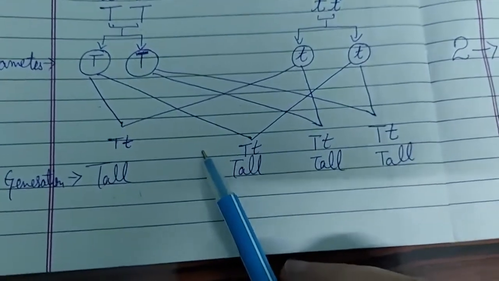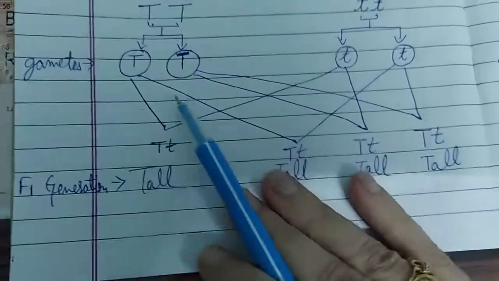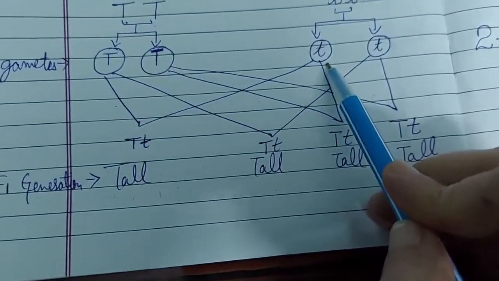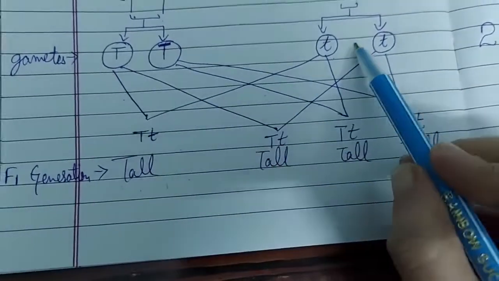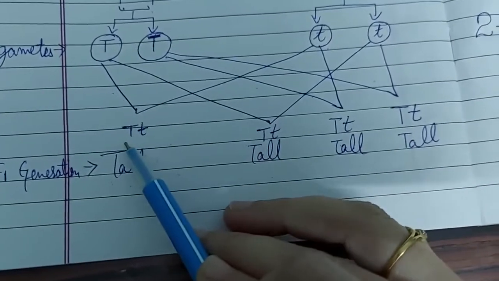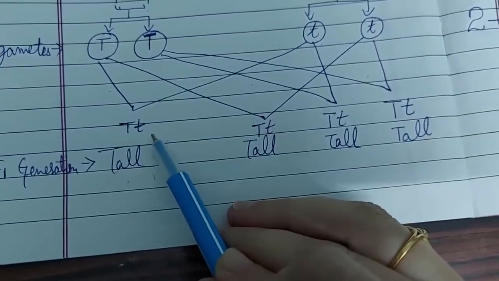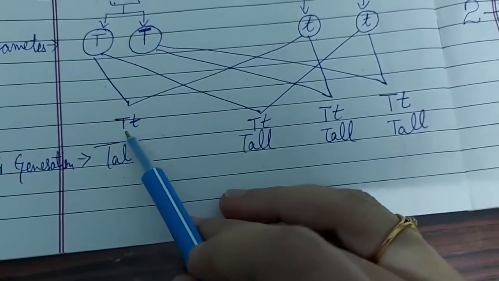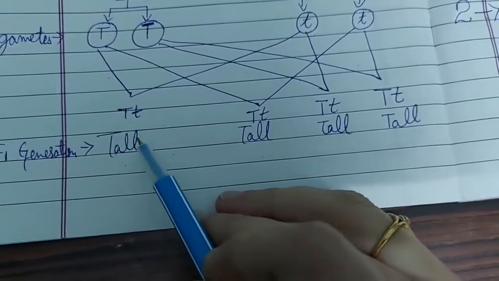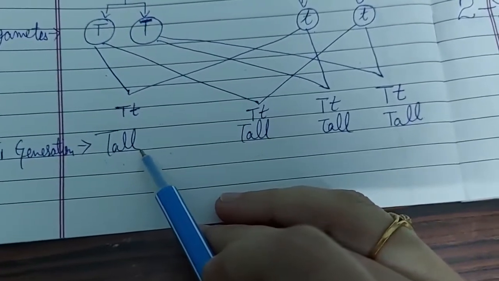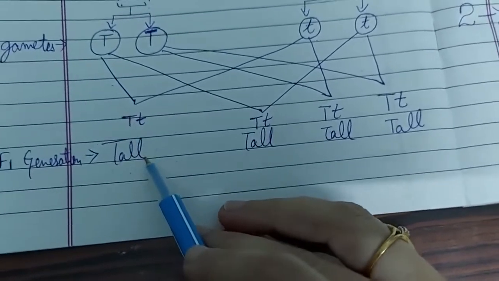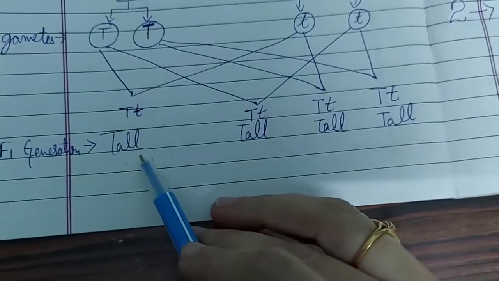And what will be its result? If capital T combines with this gamete of small t, then the result will be capital T and small t. Genotype is capital T and small t. But what is its phenotype? It will be tall, because tall is the dominant character.